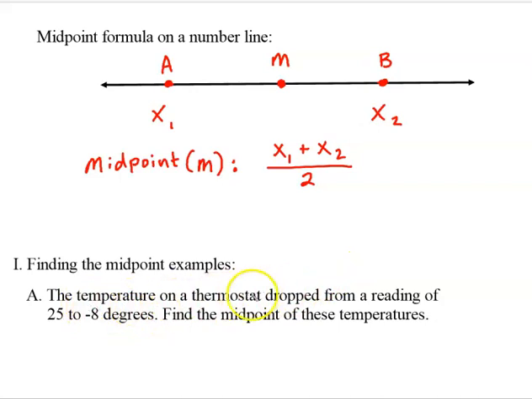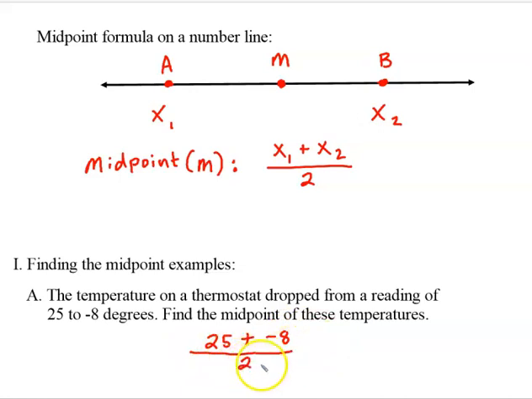So we'll do an example of this using a real-life situation. The temperature on a thermostat dropped from a reading of 25 degrees to -8 degrees. What is the midpoint of these temperatures? So we just take the 25-degree measurement, we add to it the -8. Those are considered the end points.